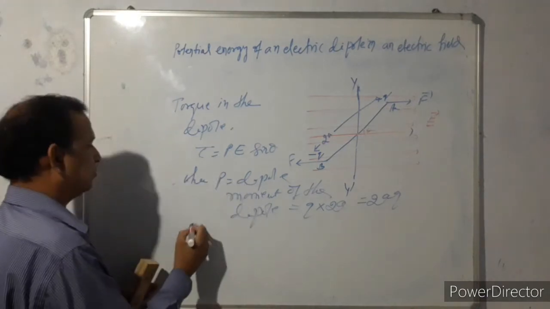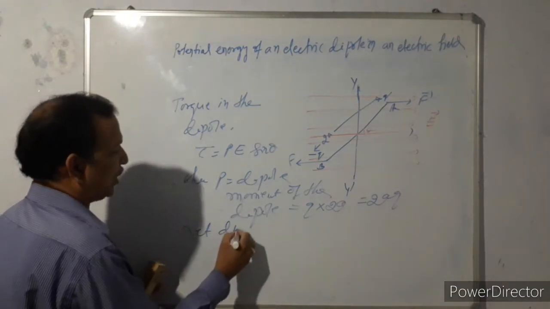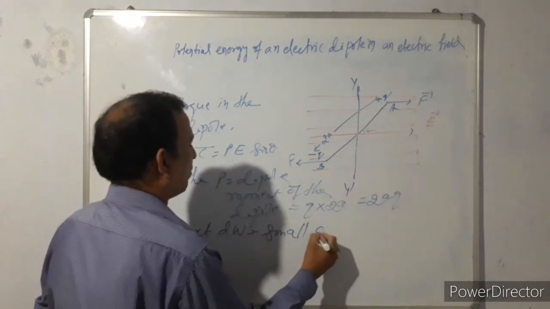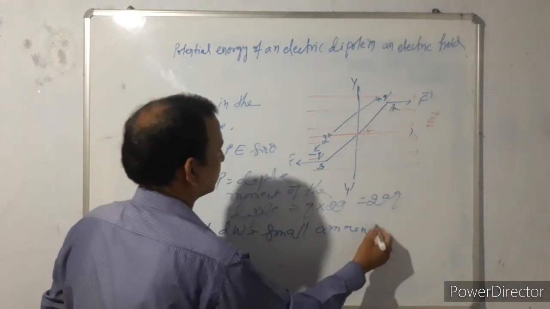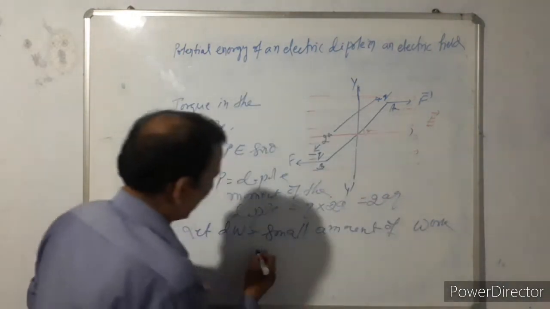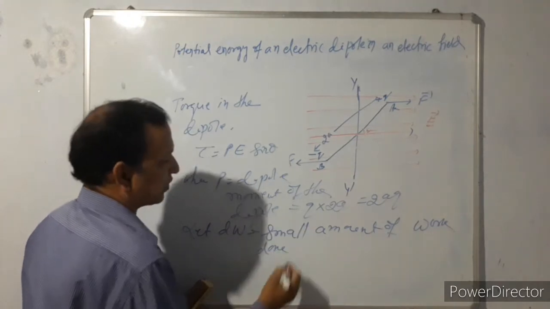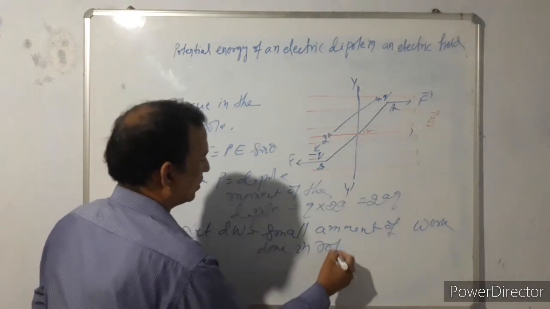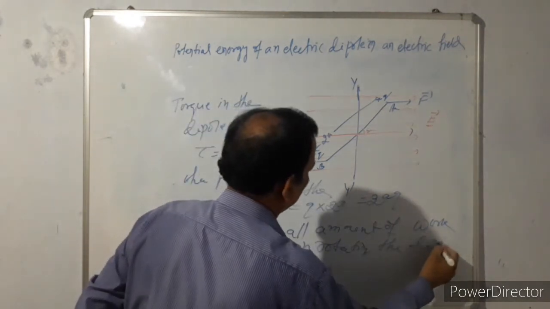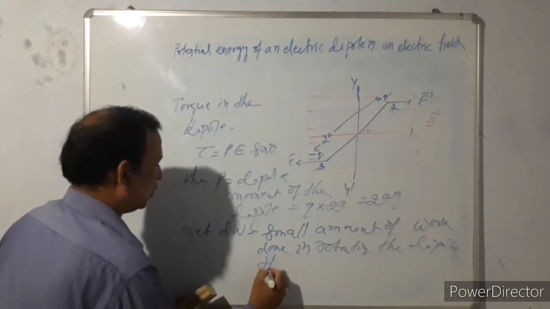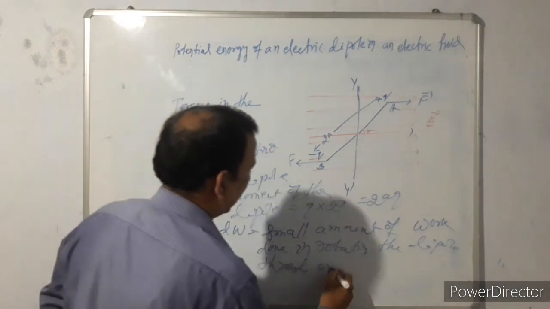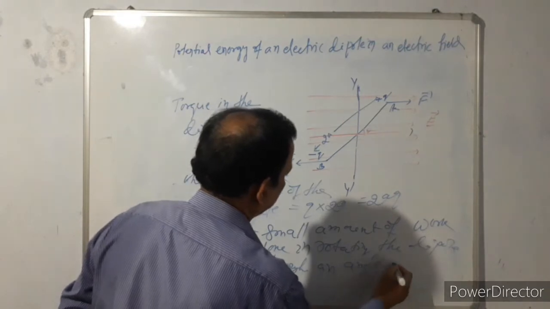So let dW be the small amount of work done in rotating the dipole through an angle d theta.